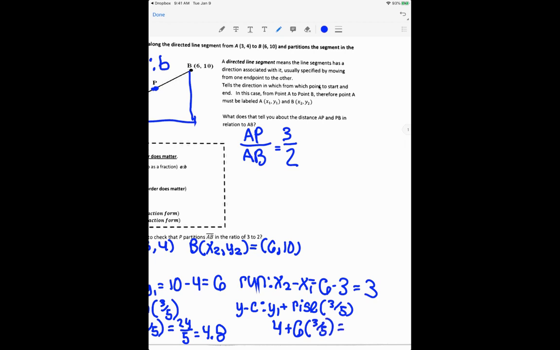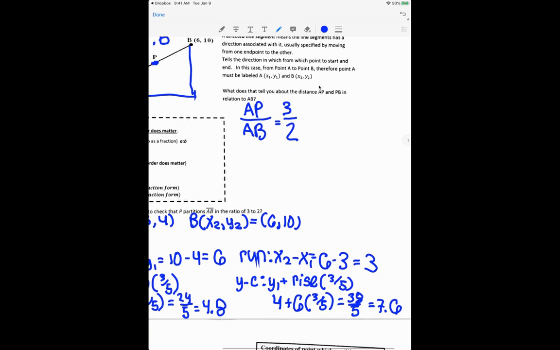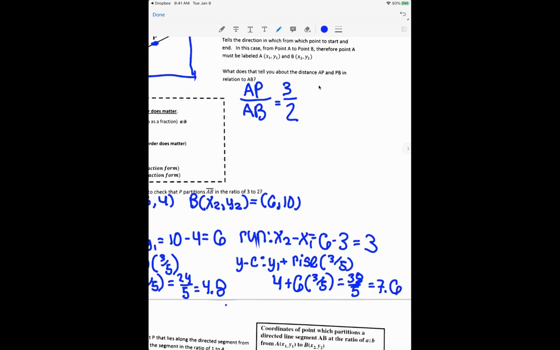Then you just go through and you simplify that. So when I simplify that, that's going to come out to 38/5 or 7.6. So my answer to this question would be that P is at 4.8 and 7.6.